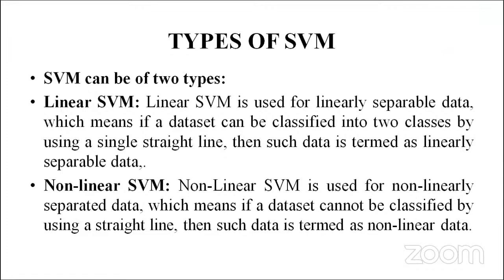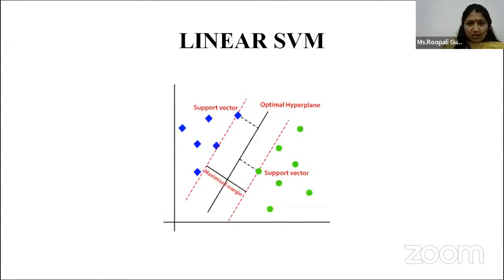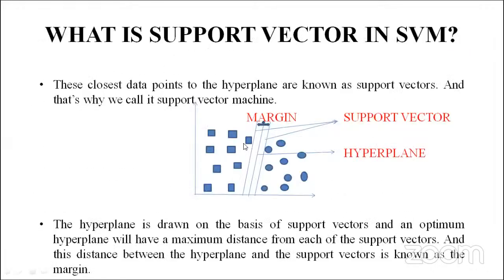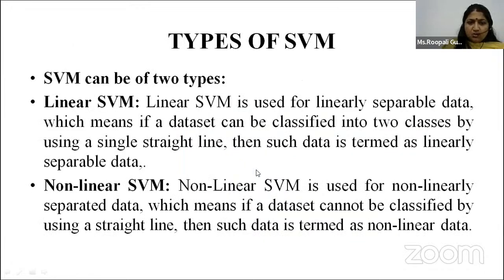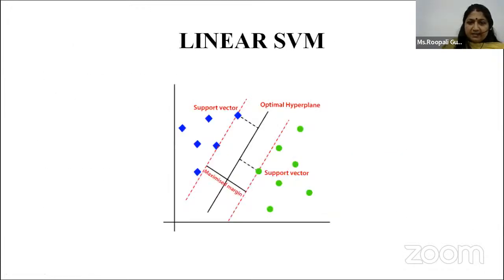Okay, I can show you what is linear SVM. Whatever we have studied till now, this is the linear SVM only. This is what I have told. What we are doing here, we have just drawn a straight line. On the basis of that straight line, two classes are being separated out, right? So this is called linear SVM.